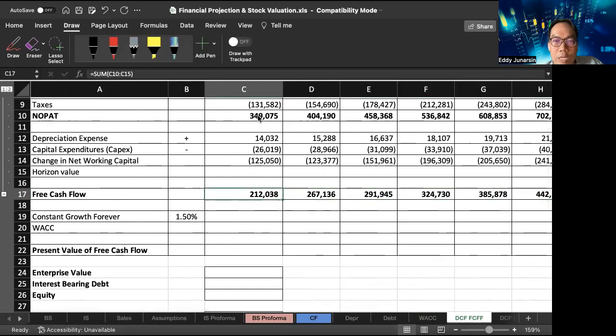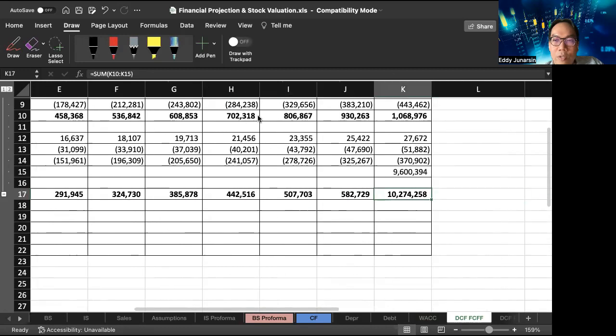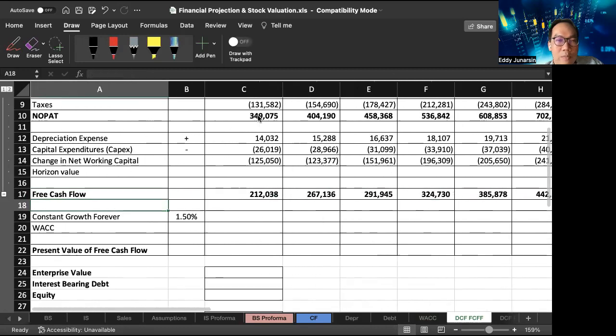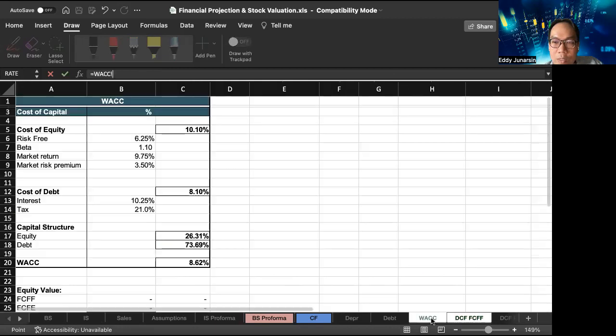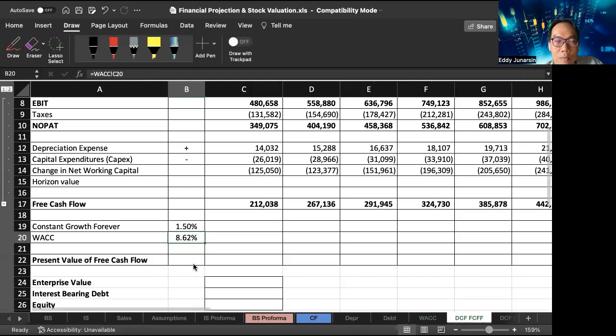Okay, so we got the projected cash flows for the next years, 9 or 10 years. Okay, now what is the present value? Cost of capital is, let's connect it here. And this is the cost of capital. So what's the present value?